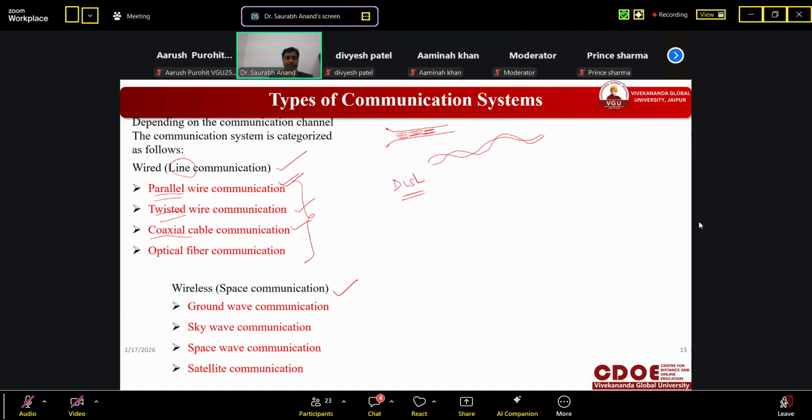Okay. Dish that we are using nowadays. So in dish we are using coaxial cable. So there are two levels. One wire is inside that. Then this is the insulator.